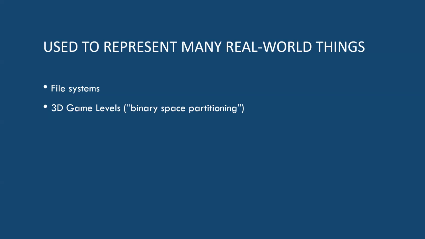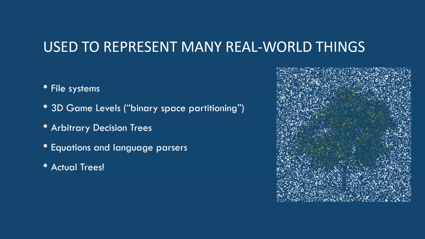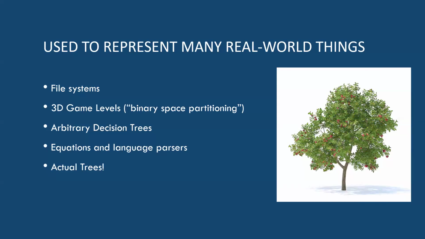That allows us to draw the things that are in view and ignore the things that are off the screen a little more efficiently. So there are some pretty cool algorithms that are essentially tree-based for that. Decision trees, language and equation parsers, actual graphical representation of trees. There's some software out there for artists that actually grows trees by literally building the tree structure and following it in an organically correct way.